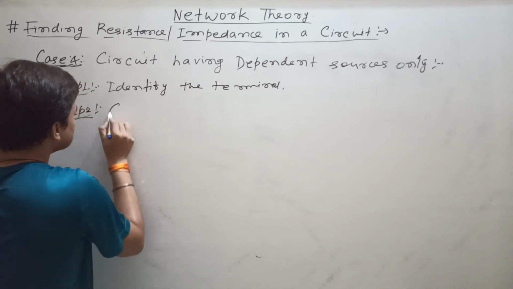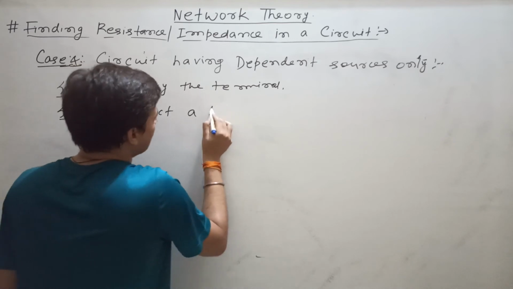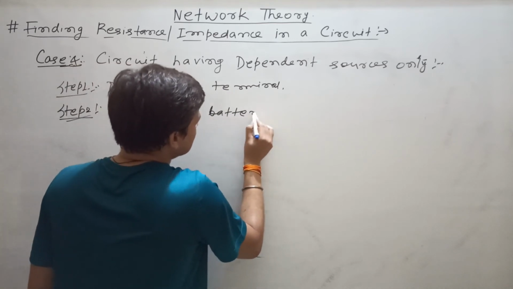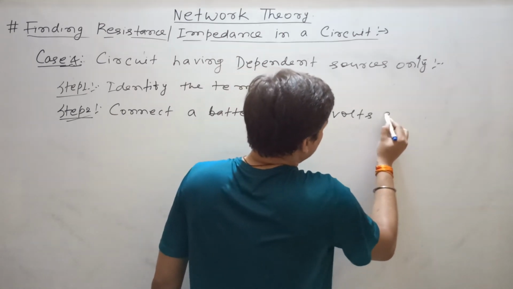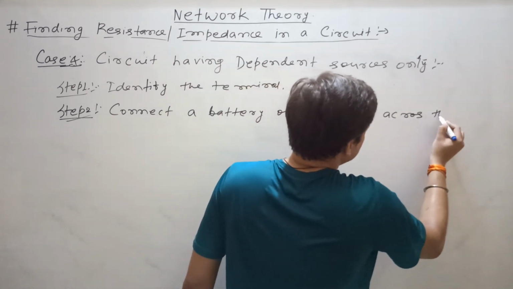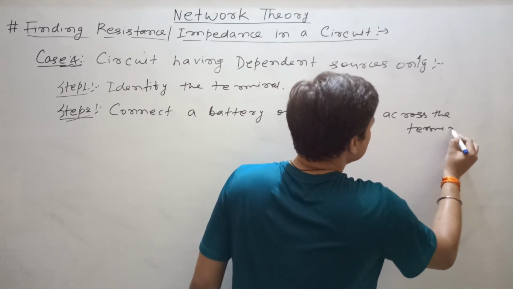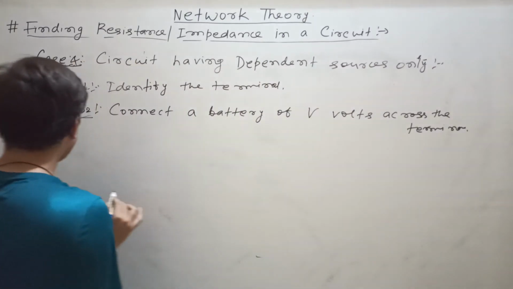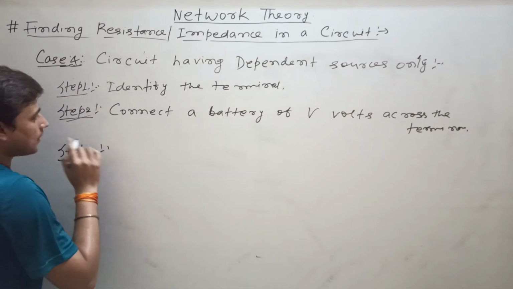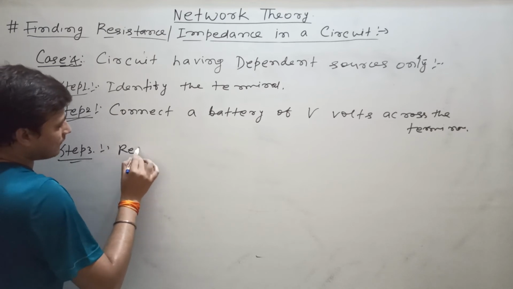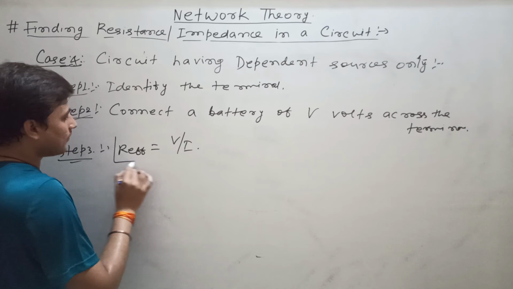Now the second step is connect a battery of V volt across the terminal. And come to the third step. Third step is R effective or Z effective will be equal to V divided by I.